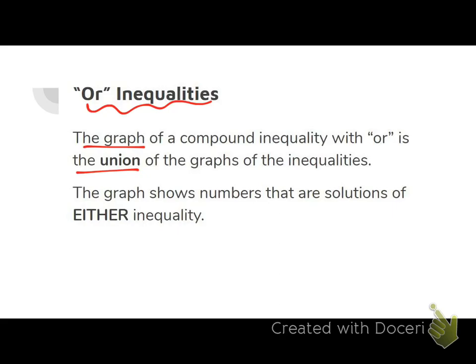So it means both of them on the same graph. They don't have to intersect. It's called the union of them. The graph is going to show ones that are solutions of either inequality. It doesn't have to work for both of them. It just has to work for at least one of them to be on the graph.